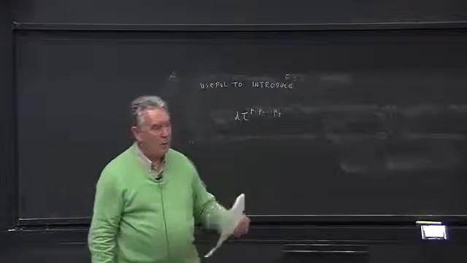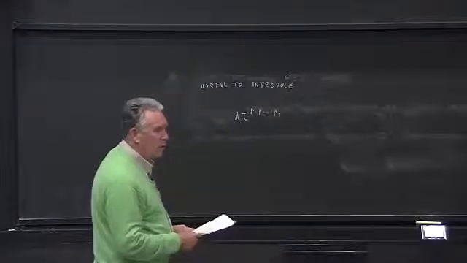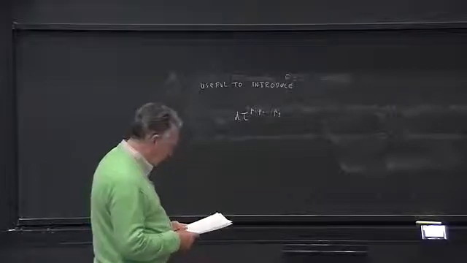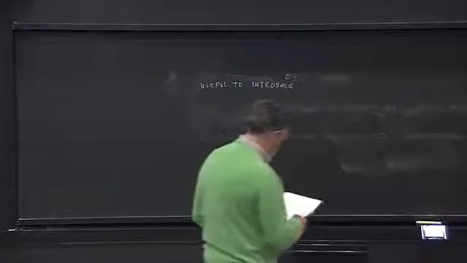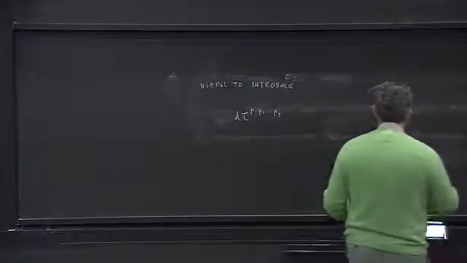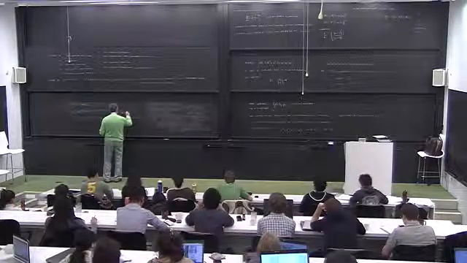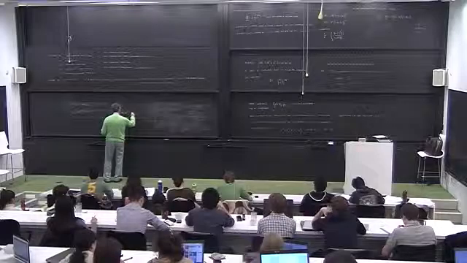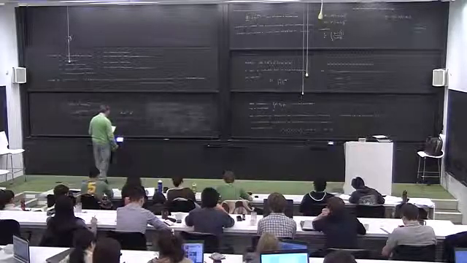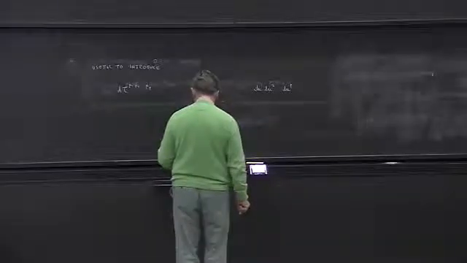I could call them mu nu rho sigma lambda, but I prefer to call them mu1, mu2, and so on. And this is going to be related to the volume element on the subspace.